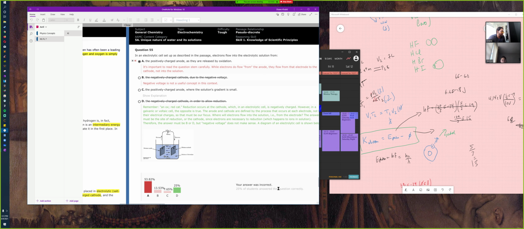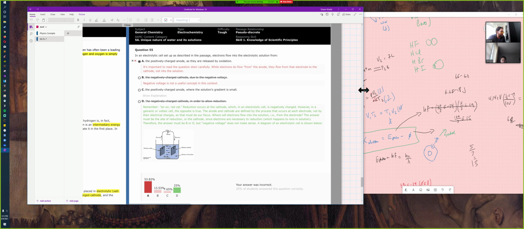All right, let me look at the explanation. The cathode is negatively charged, okay? And the opposite is true. Anode and cathode are defined not by their charges, but by what happens, like oxidation or reduction.